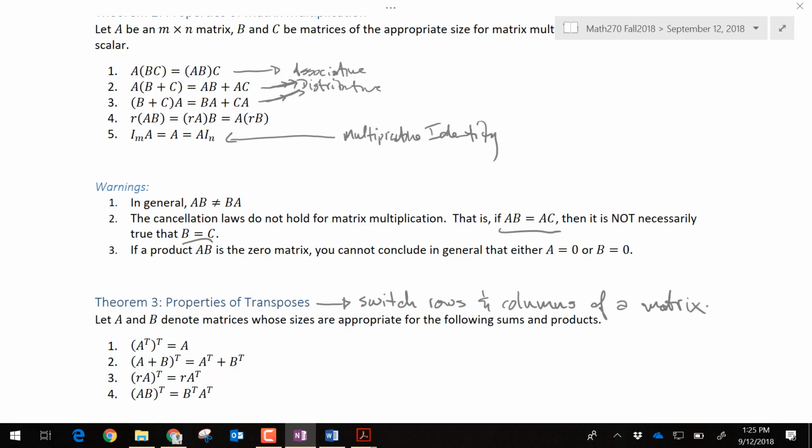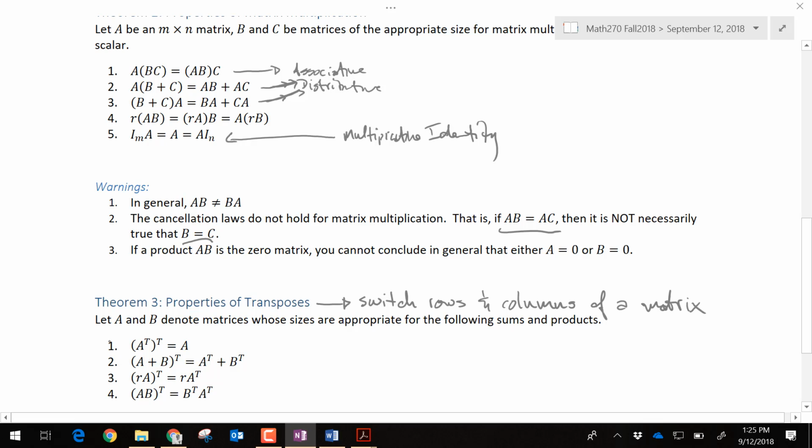So a couple of properties for transposes, 4 properties here. The transpose of a transpose is the original matrix. If you add two matrices and take the transpose, it's like taking the transpose first and then adding. A scalar multiple of a transpose is the transpose of a scalar multiple.